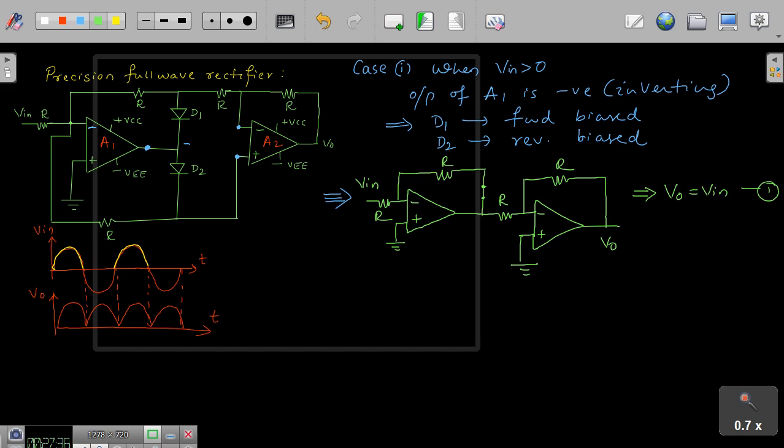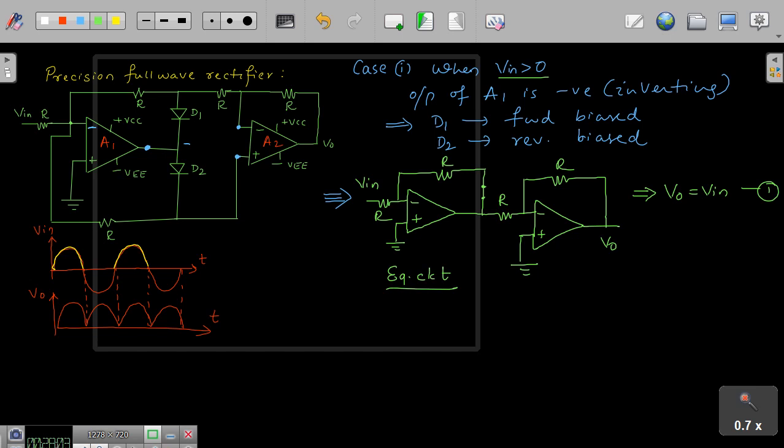So what happens here when your V in is greater than 0? D1 acts as a short circuit, I mean it is forward biased. D2 is reverse biased, open circuit. Your circuit would look something like this. This is called the equivalent circuit, and as long as the values of R are equal here, you will have V0 equal to V in.